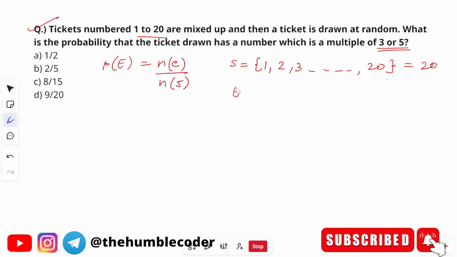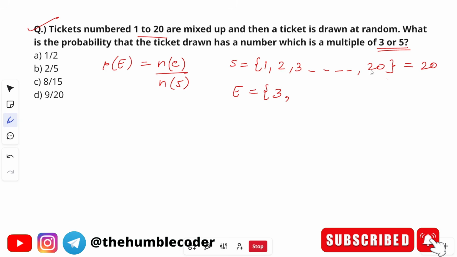Now we are going to find out the event. What is the probability that the ticket drawn has a number which is a multiple of 3 or 5? So let's try to create the event. In the sample space we have all numbers from 1 to 20. In the event we will only take those numbers which are either a multiple of 3 or 5. So 1 cannot come, 2 also cannot come, but 3 can come because 3 is a multiple of 3.